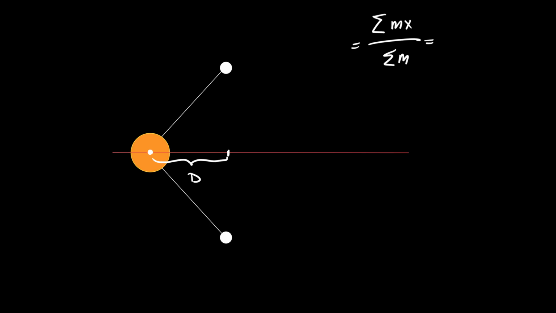So the center of mass, remember, is a location. So we're looking for a place. The first mass is the oxygen at 16, but it's located at what I'm going to call the origin. And the hydrogens have a mass of 2, and they're located at D. So if I wanted to figure out what percentage of the way from the oxygen to where the hydrogens are located, it would be whatever this ratio is, and that's going to be 1/9 D. So we're talking about a pretty small distance anyways, with the center of mass being maybe here.